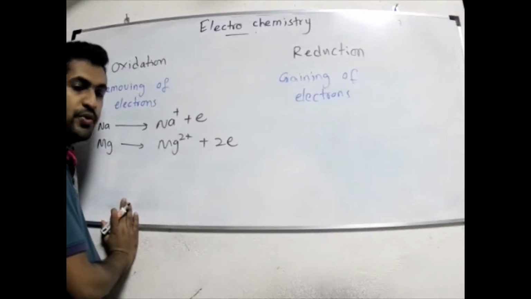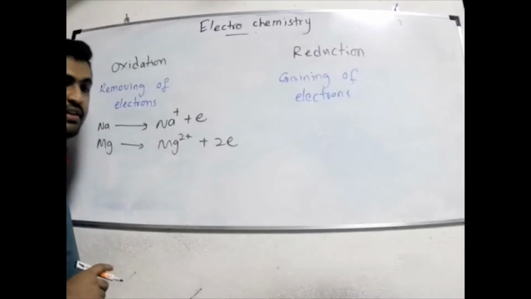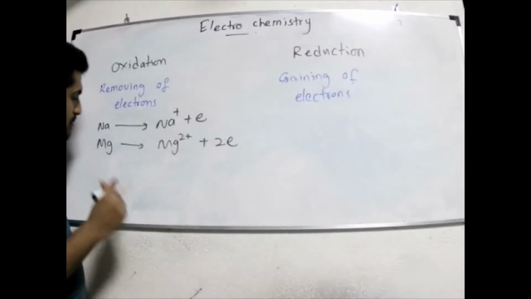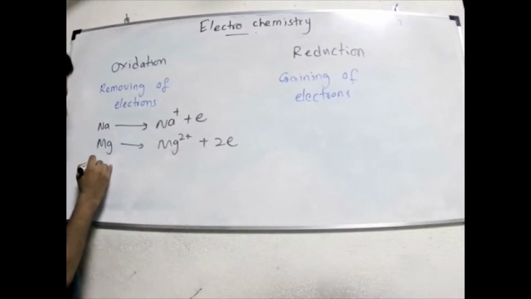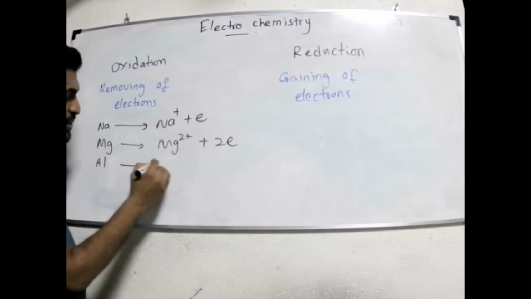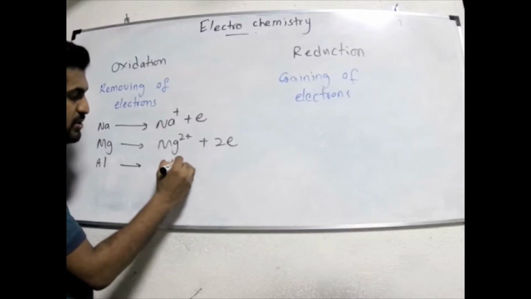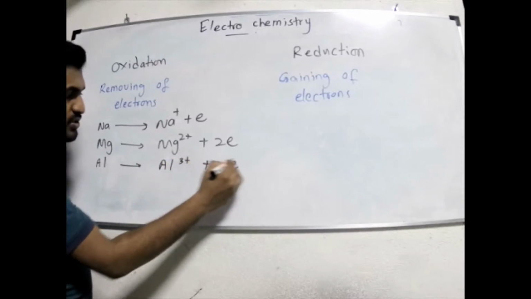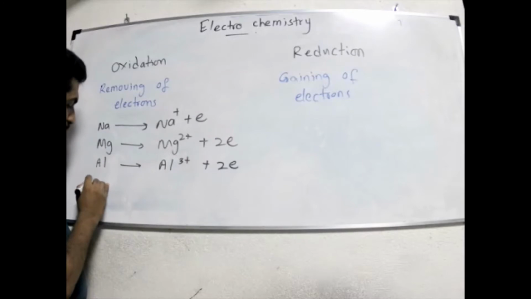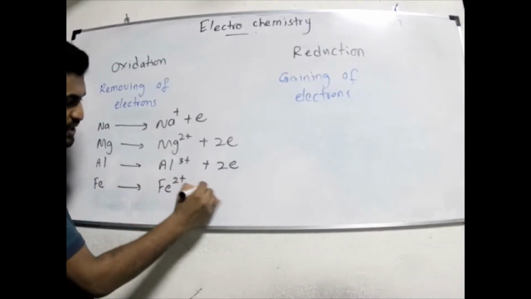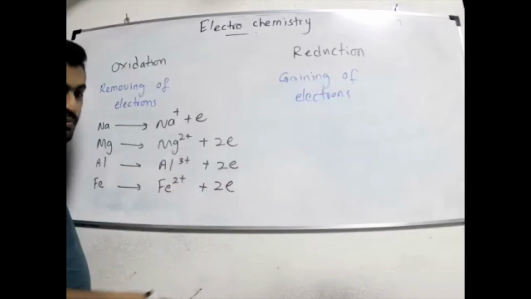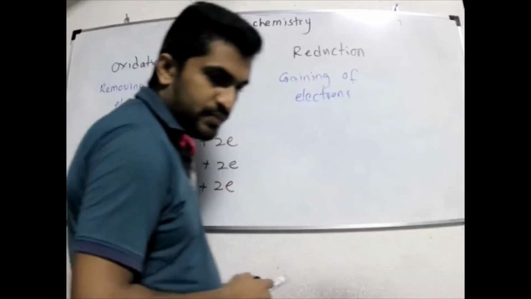I'm not going to put this on YouTube, so you have to stay until the end of the session. If it is aluminium, it gives Al3+ and 3 electrons. Iron, for your syllabus, gives Fe2+ and 2 electrons, and iron can oxidize into the +3 state also.